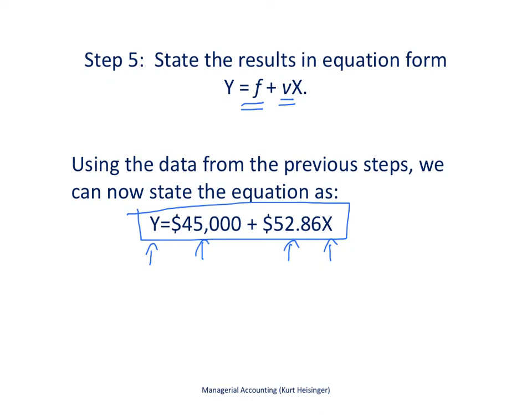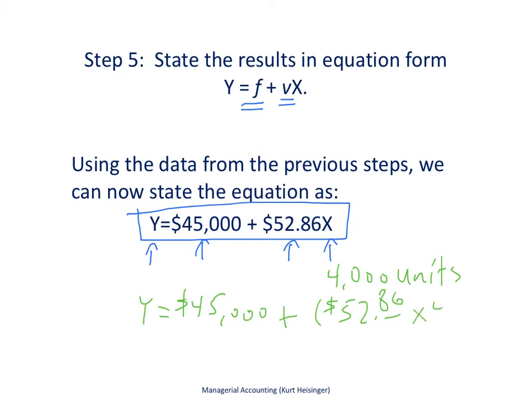So let's just take an example. Let's plug in 4,000. Let's assume that we expect to produce 4,000 units in a future month. Let's plug that in to estimate our total production costs. We would figure out our total production costs by taking $45,000 in total fixed costs and adding to that the total variable cost. Total variable cost is calculated by taking the $52.86 per unit times 4,000 units.